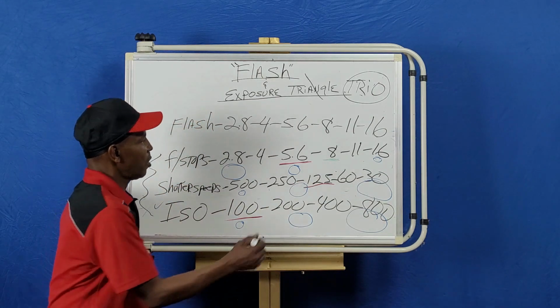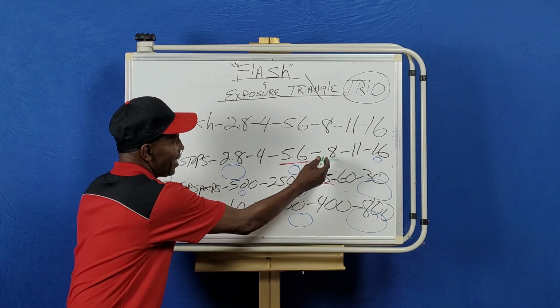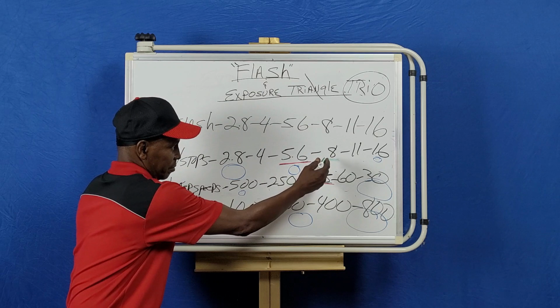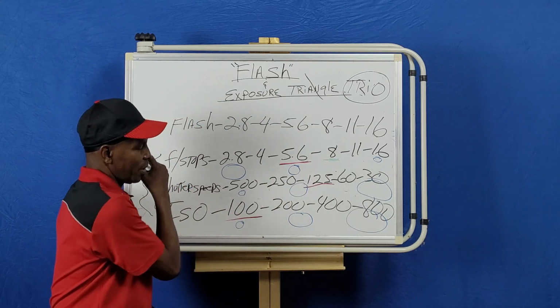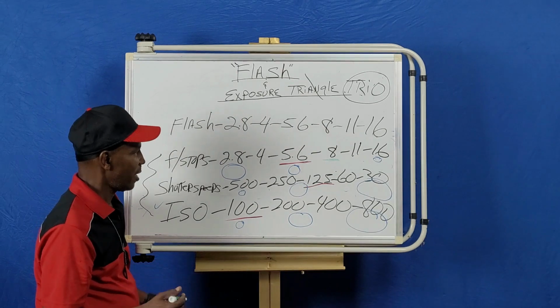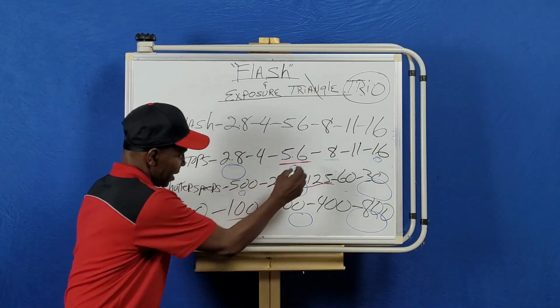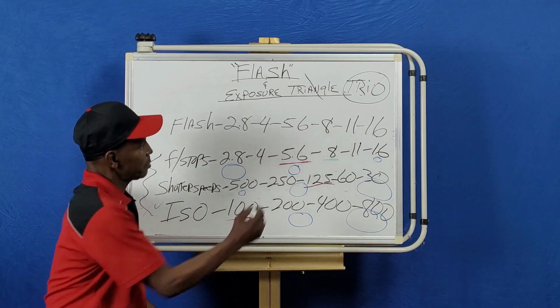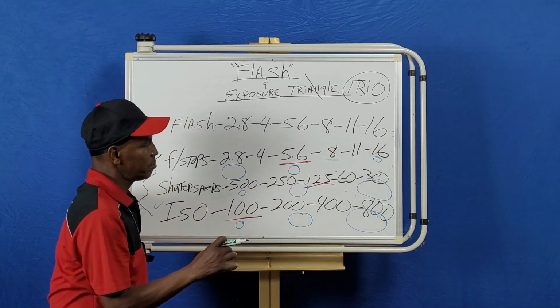And just to let you know, if you were going from f8 to f5.6, from a smaller opening to a larger opening, you would be doubling the amount of light. So it would be twice as bright. But let's say you were going to f8. So you went to f8, you closed down.